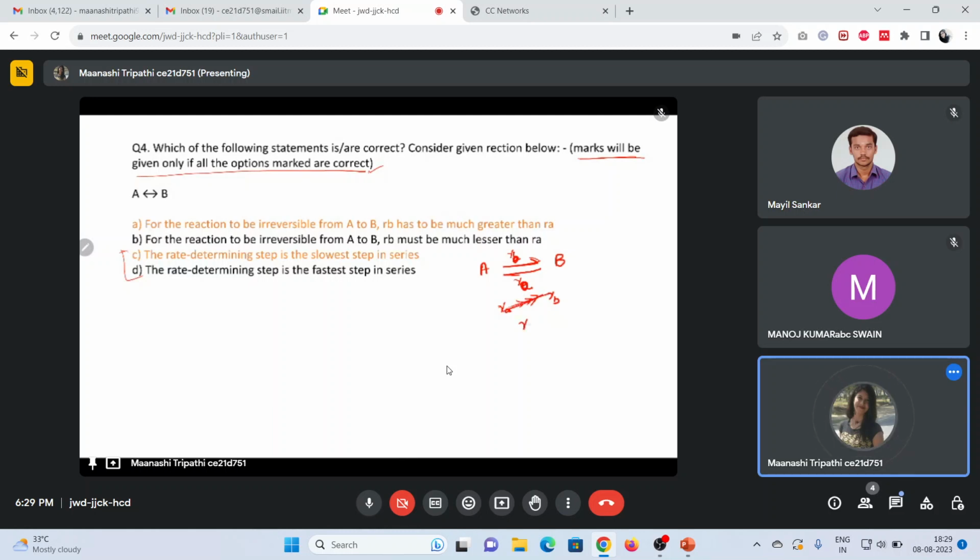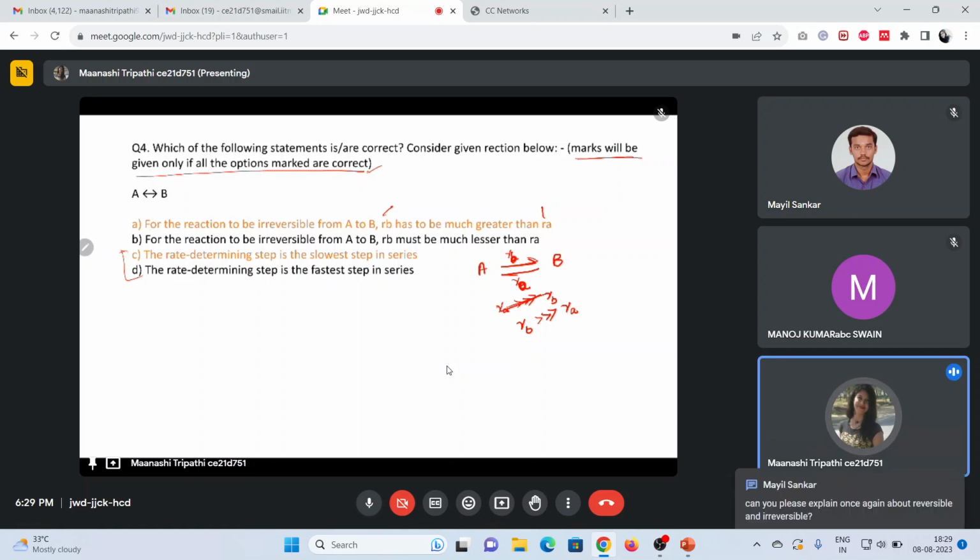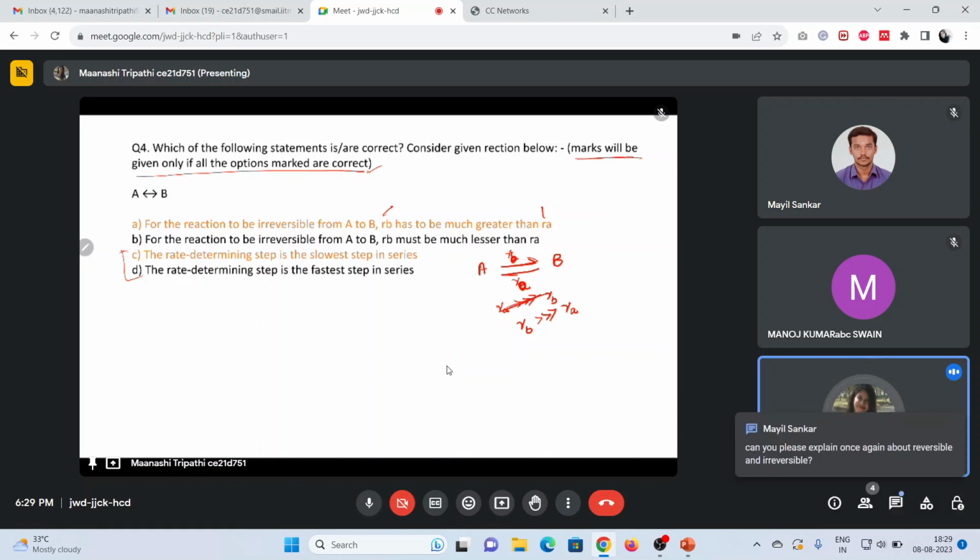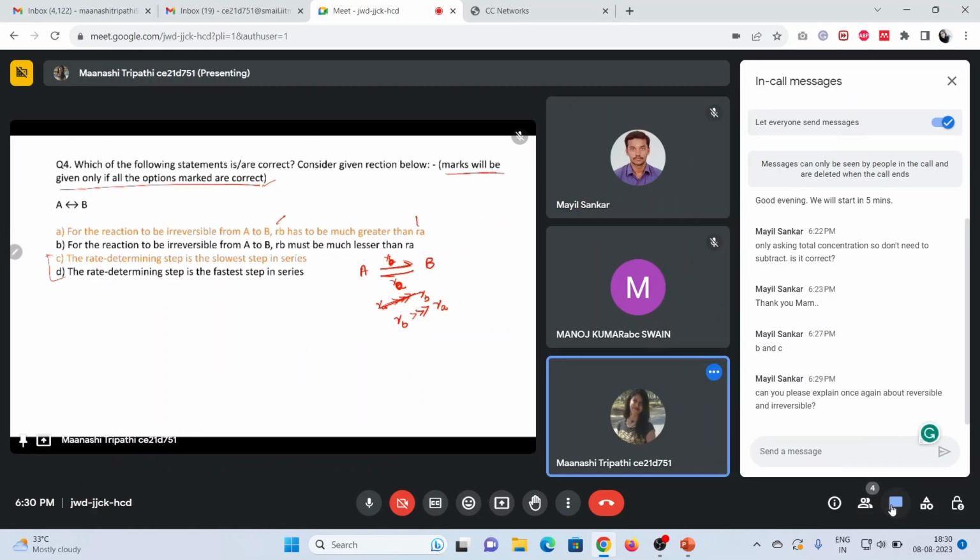So that is why formation of B should be much greater than formation of A. Okay, these are the formation quotients. It's my mistake, I should write this very clearly, that this is the rate of formation. I'll explain it again.